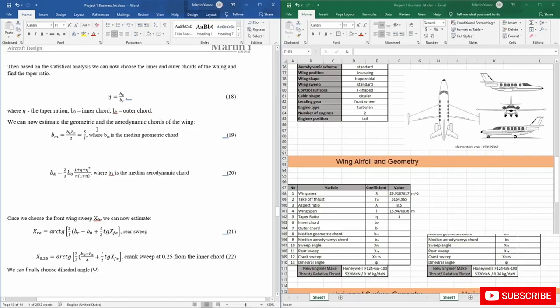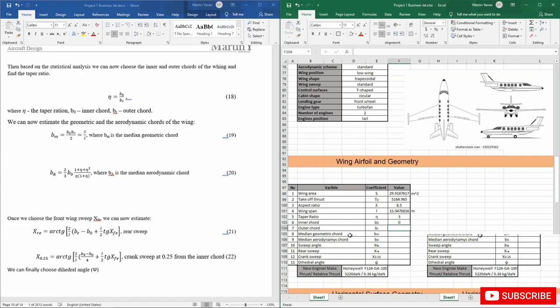Okay, so now we need to find the chords. What we know for now is that the inner chord, or the taper ratio, will be equal to the taper ratio multiplied by the outer chord, okay. So this is the ratio between them.